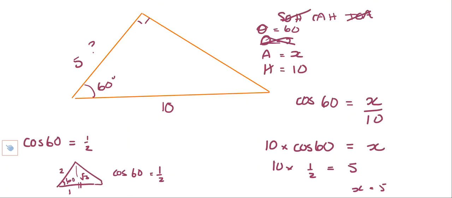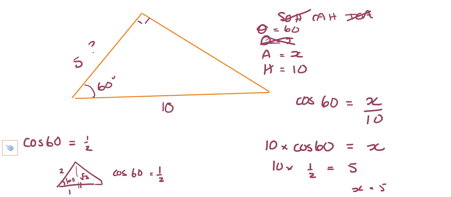The adjacent side is half the hypotenuse. And we've added evidence to the fact that cos of 60 is a half. The adjacent over the hypotenuse is a half. So you now know that if I know the hypotenuse and I know the angle is 60, the adjacent side would be half of it.